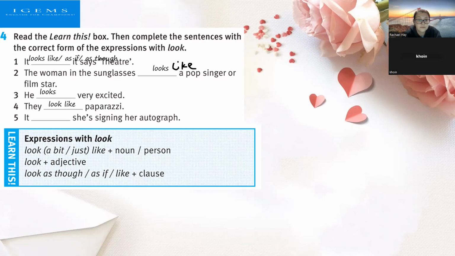It looks like. Good. Or you can say it looks as though or as if. Okay. Well done.